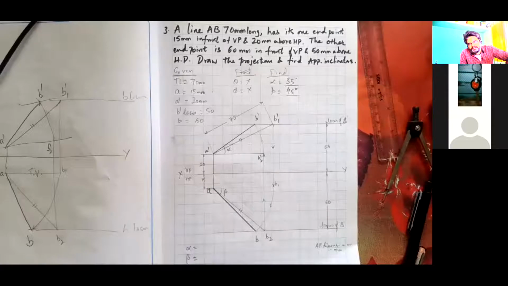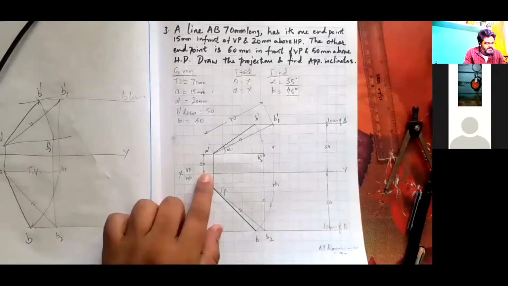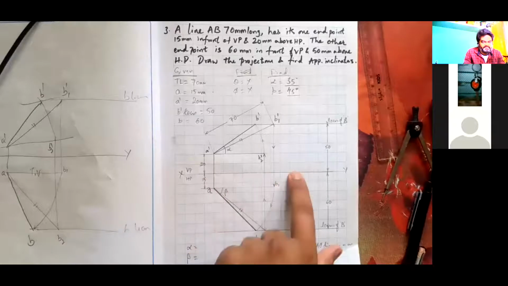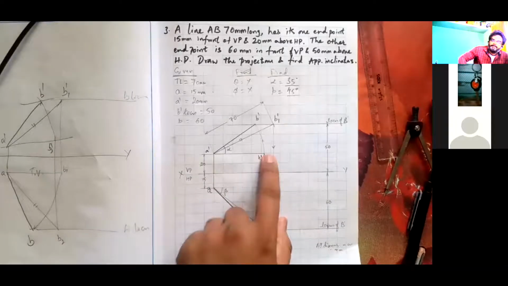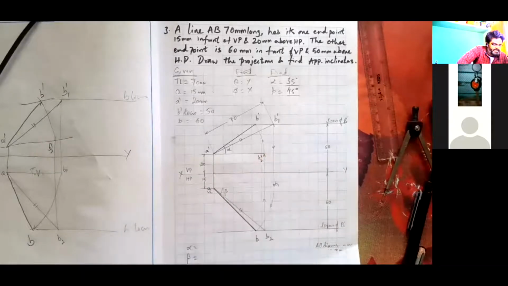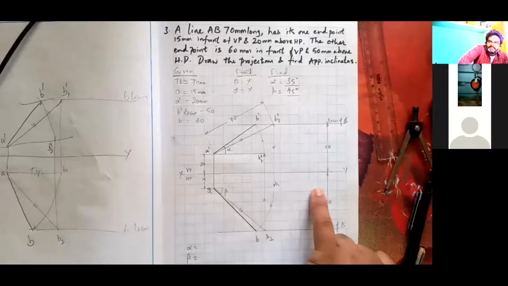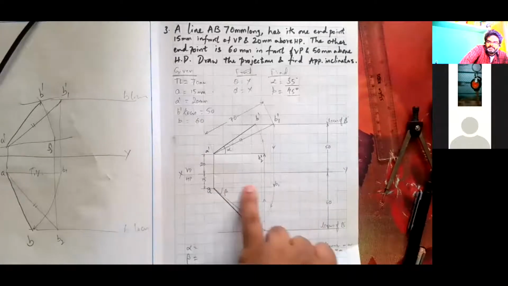Yes, sir. That is why I told you, when you are representing on an unruled copy, see here, this distance 20 mm and here also 20 mm should be there. This 20 mm line should be properly made. Here also 15 and 15. This line distance from the XY line should be parallel.